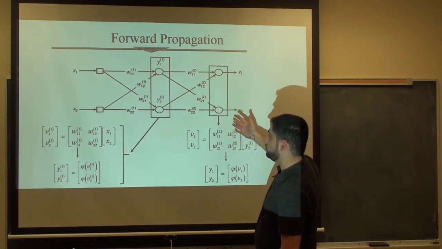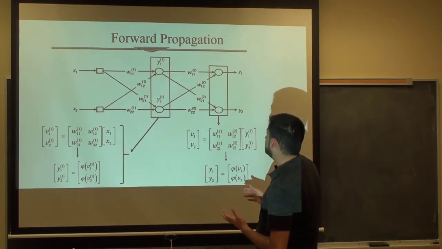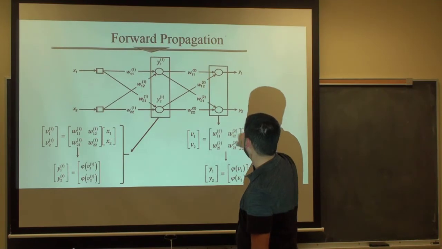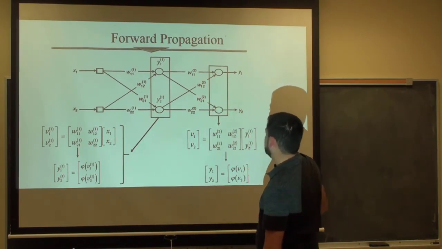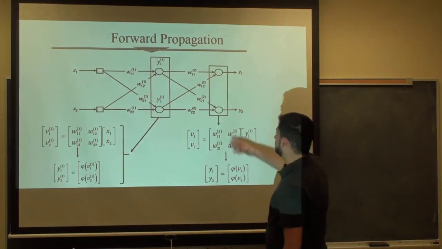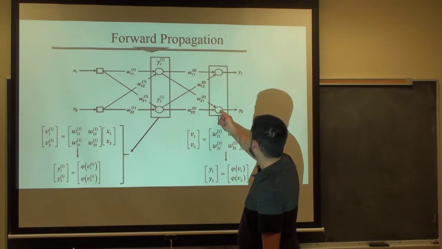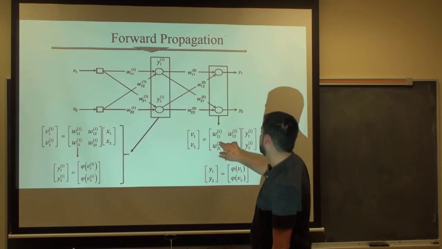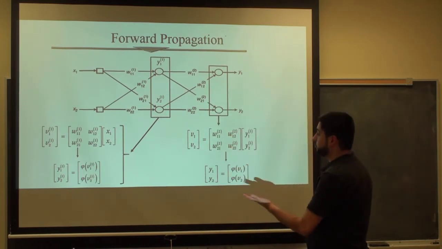Then for the weights, we use the same method: we take the weights going through this node and put them in a row. For the notation, this is node 2, so it's going to be 2 here, then 1 coming from node 1, so it will be simpler to represent it in matrix form.